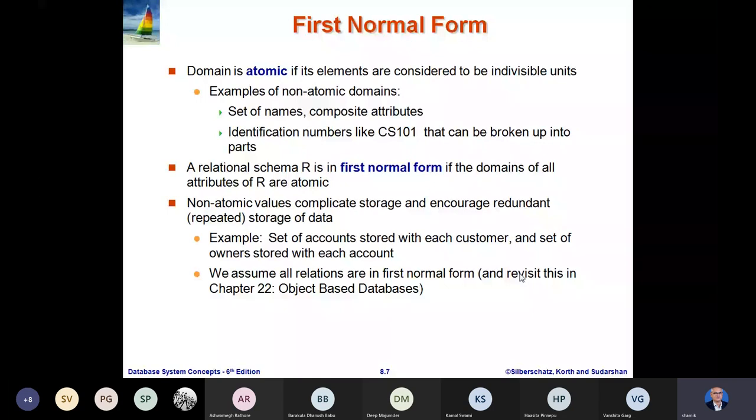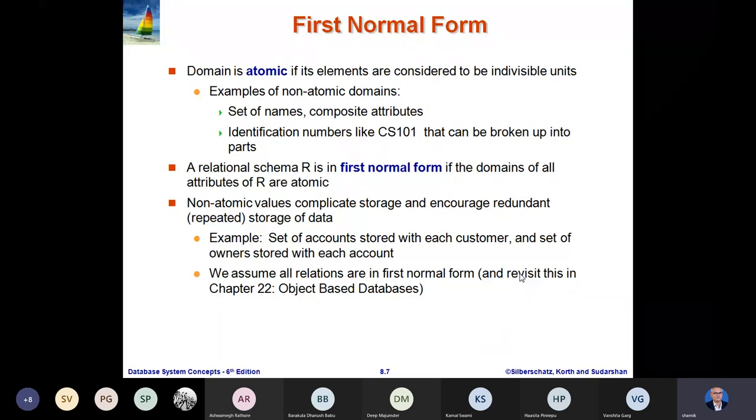So first normal form means that the data should be atomic. So these domains should be atomic. So there I cannot have these comma separated different numbers. Okay, so that is basically what is meant by this schema being in first normal form. If we try to keep data with commas, etc., then it will not be in first normal form.